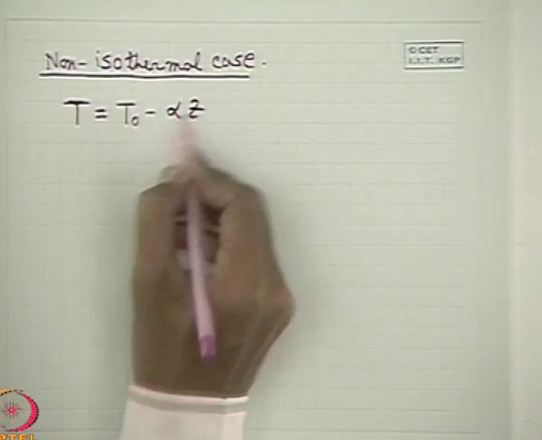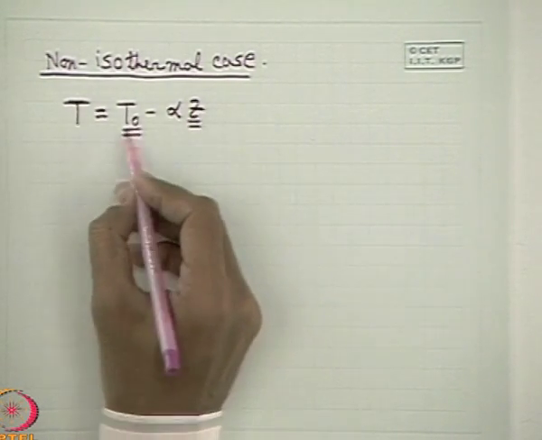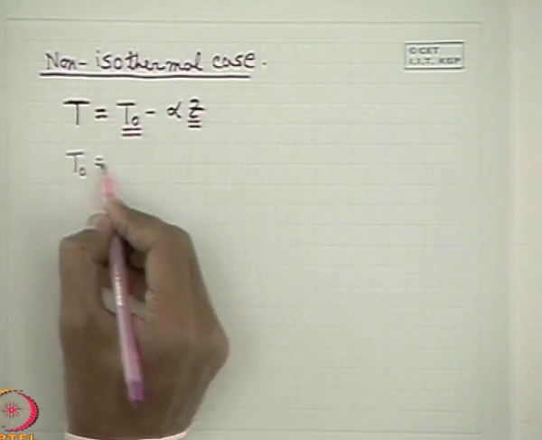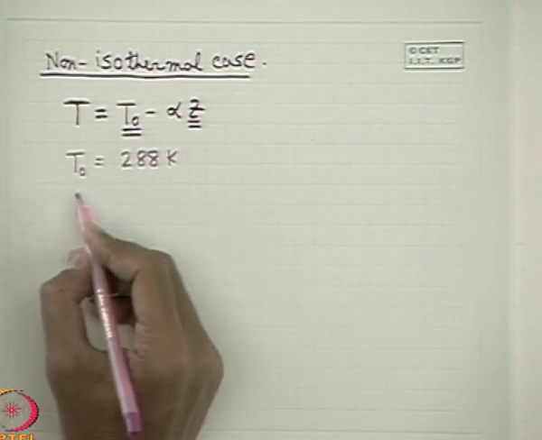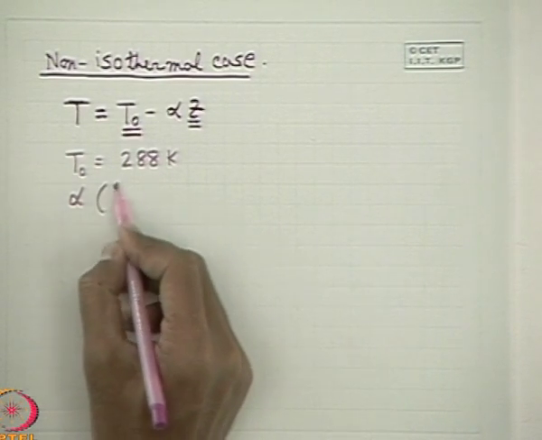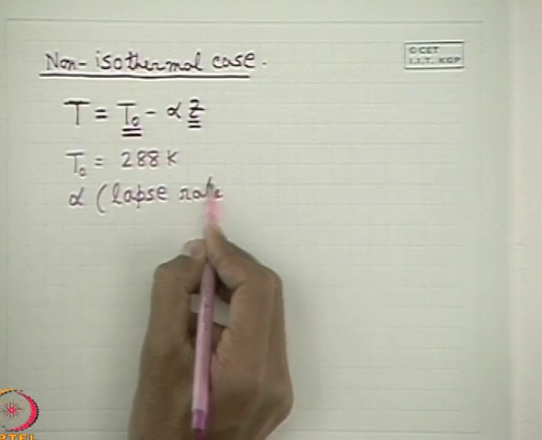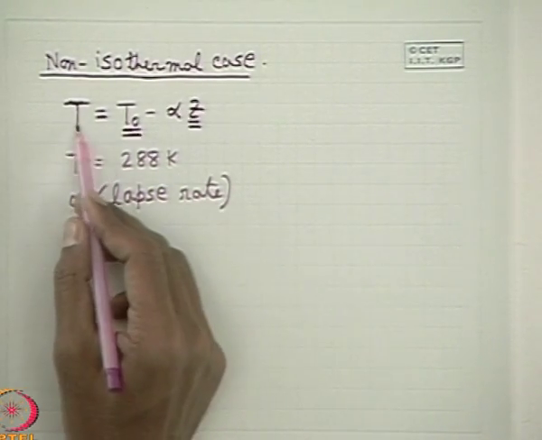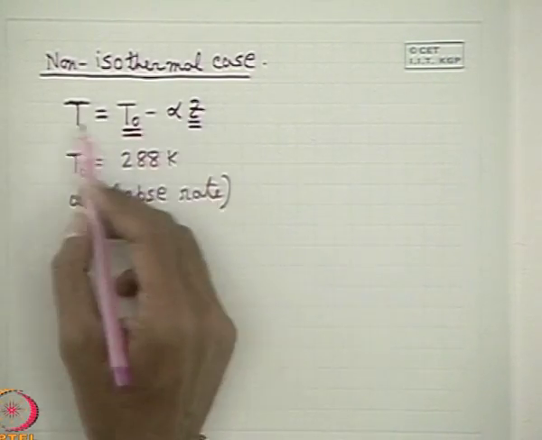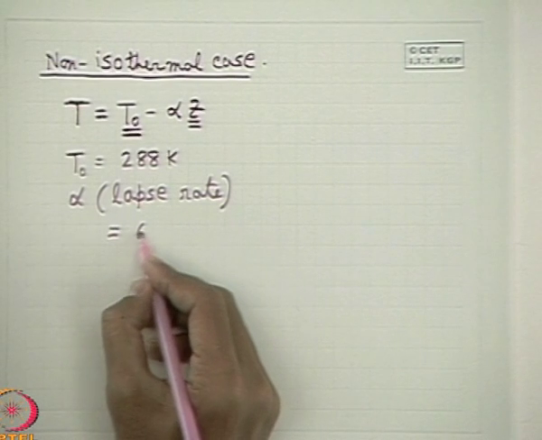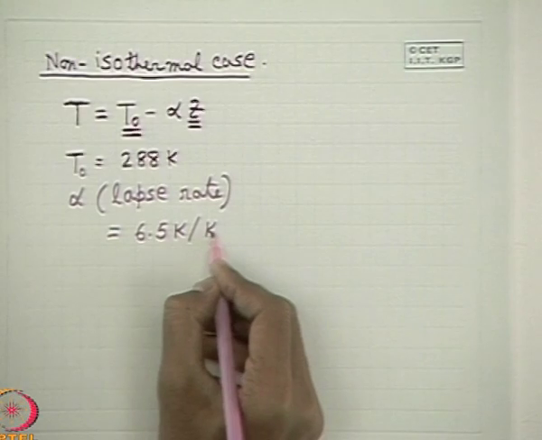This is the temperature at the sea level and z is the altitude from the sea level. In our usual atmosphere, the value of T0 at the sea level is approximately 288 Kelvin, and the value of alpha, this is known as the lapse rate, the altitude up to which this linear decrease in temperature takes place, the lapse rate, that is constant in this equation, is equal to 6.5 Kelvin per kilometer.